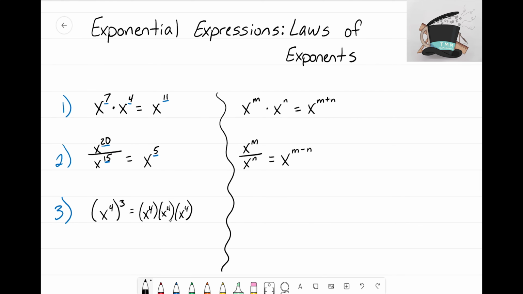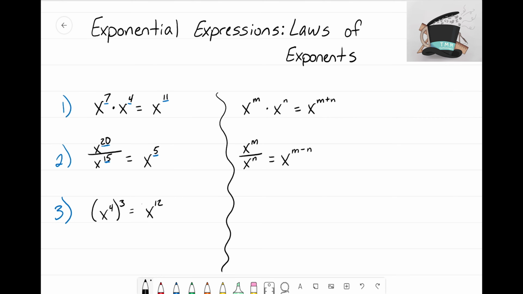And once it looks like this, we know that looks like our first law, and all I really need to do is add up all of those exponents, right? 4 plus 4 plus 4. So what that turns into is x to the 12th power.